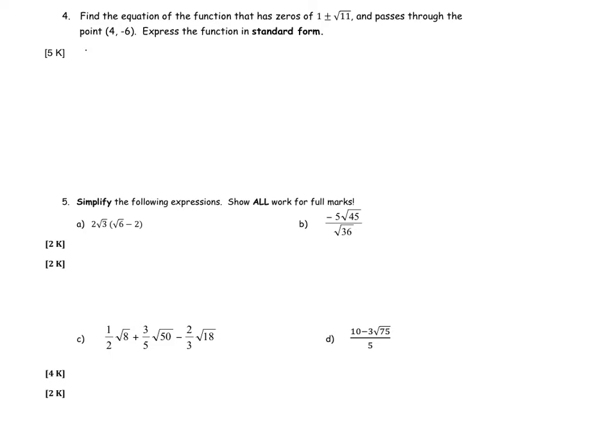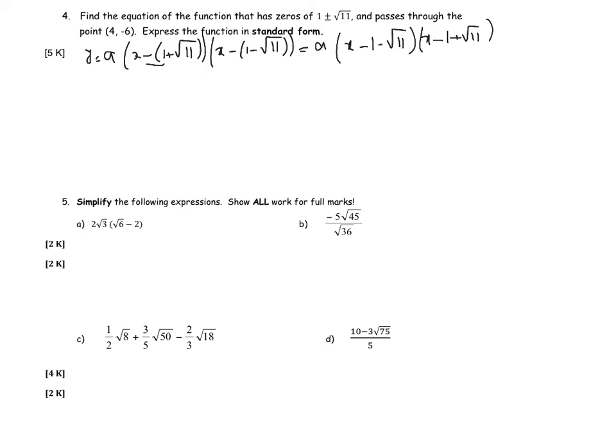The function becomes y is equal to a times x minus 1 plus square root of 11 and x minus 1 minus square root of 11, which is the same as a times x minus 1 minus square root of 11 times x minus 1 plus square root of 11. I am just distributing the negative inside.